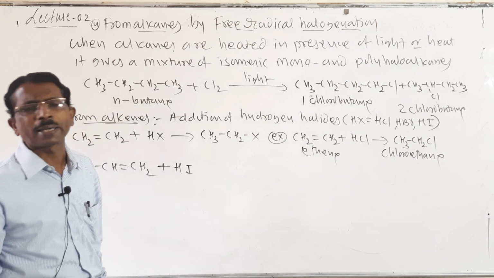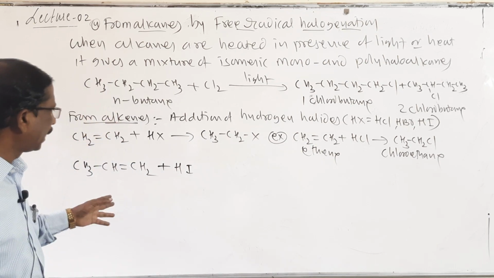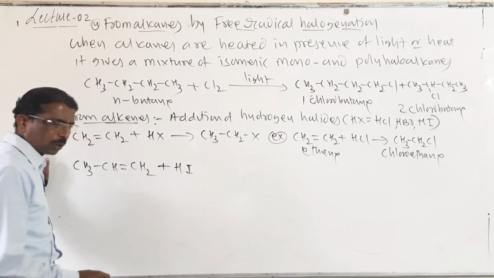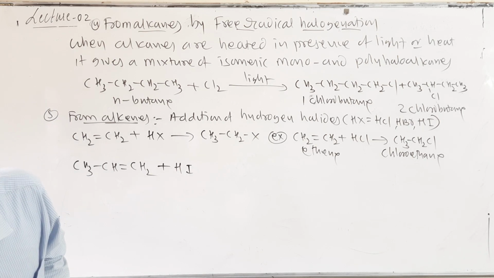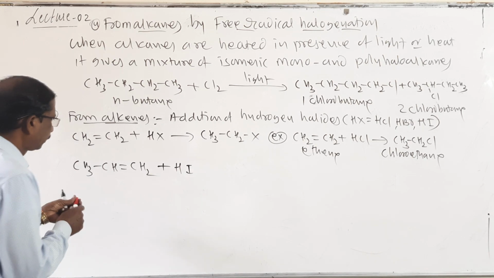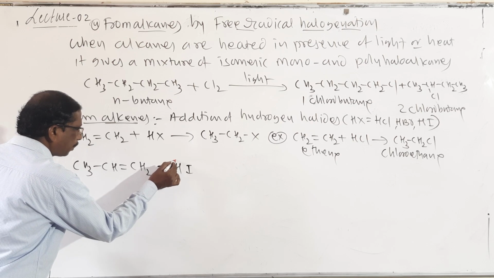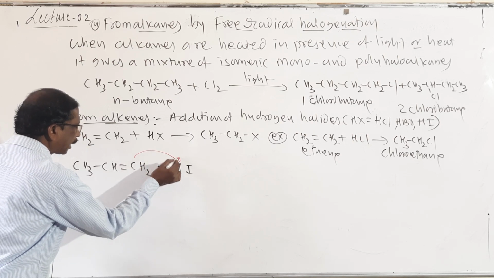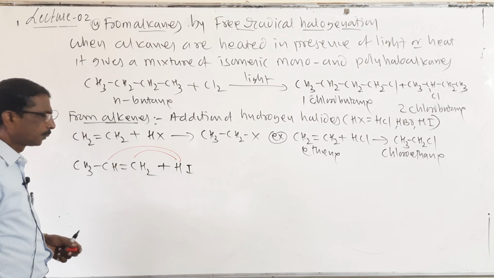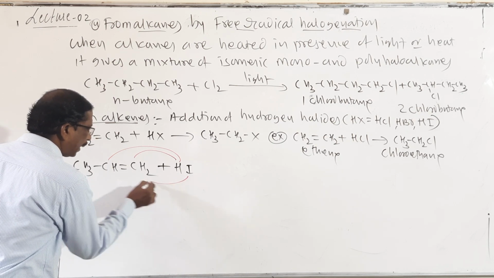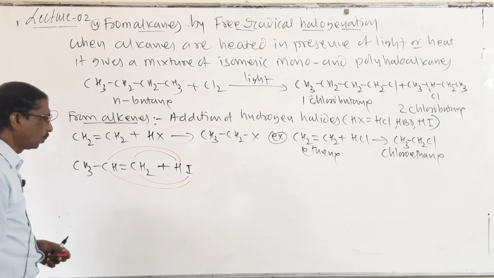When HI is added, look here students, two possibilities are there. H may be attached here or H may also attach here. And I may be attached here, I may be attached here also.